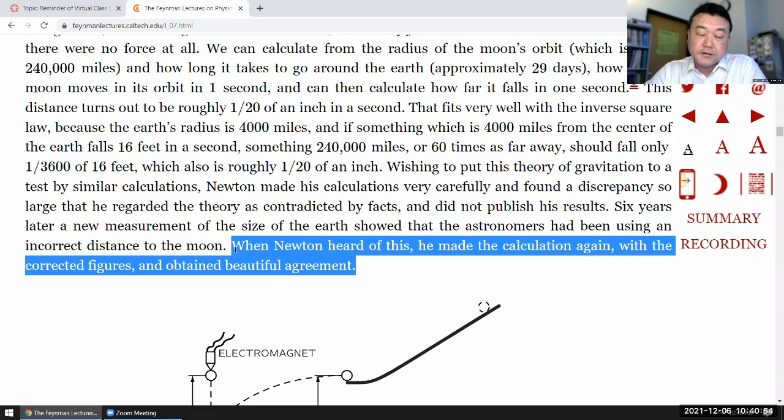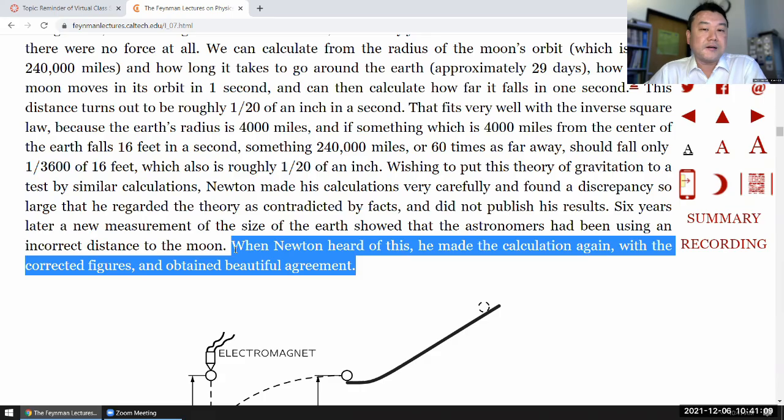We make predictions, and we test them, and you know what to do when the experimental results don't agree with the prediction. That's a whole topic on its own.